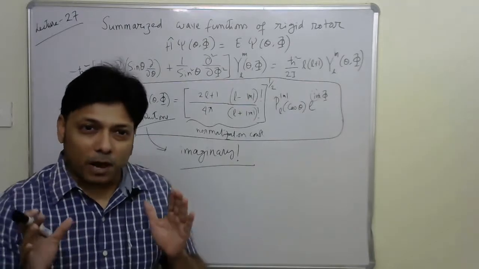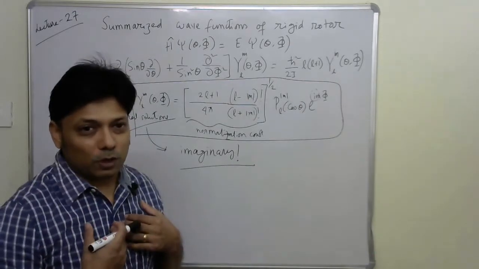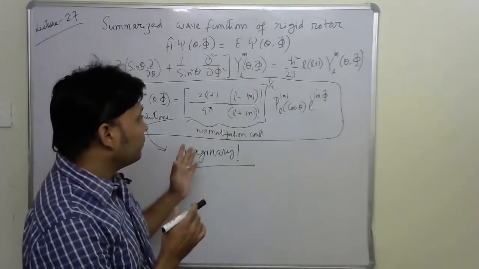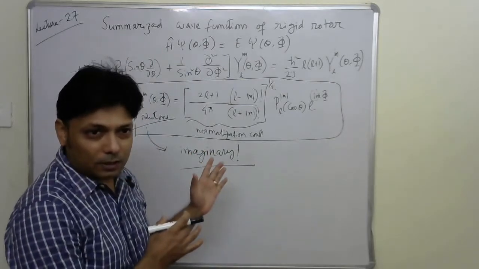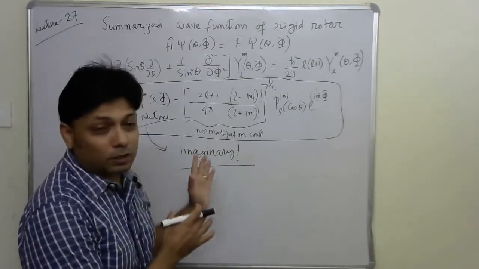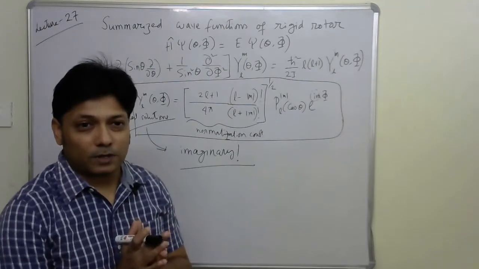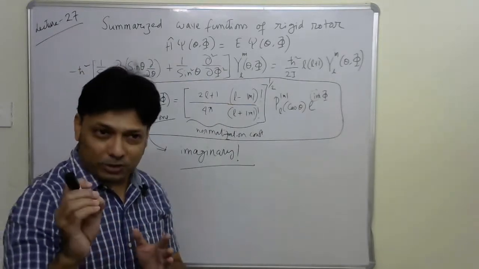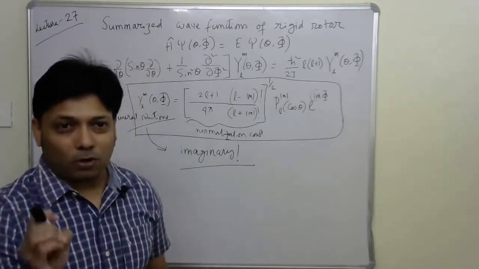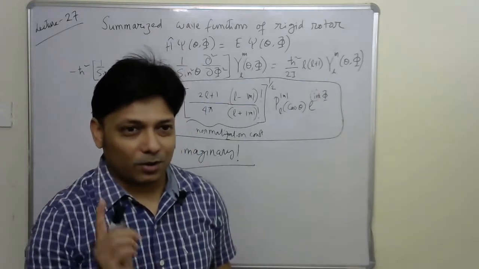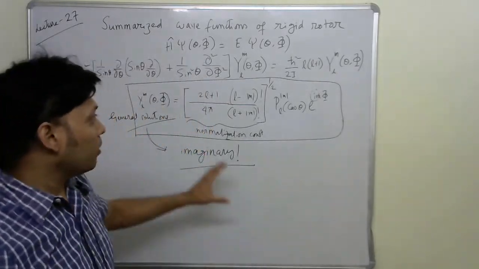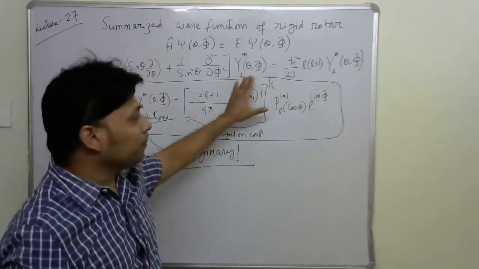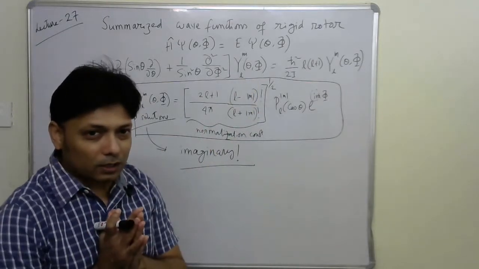And from our plus 2 level of knowledge, we knew that the solutions of the Schrodinger wave equation for the hydrogen atom are nothing but they represent s orbital, p orbital, d orbital. Okay, and definitely those orbitals would have this Y_lm theta phi, the angular part.